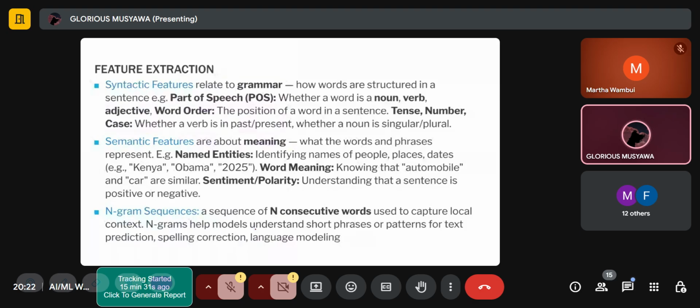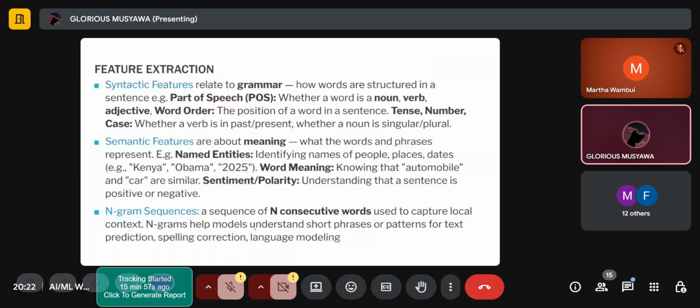We have semantic features, which are about meaning: what words and phrases represent, for example, named entities, identifying names of people, places, dates, etc. So semantic is basically more about what the words mean. These are just several terms used in feature extraction.